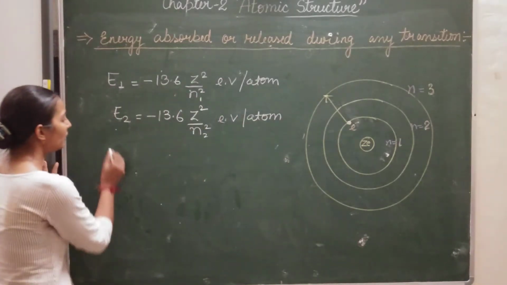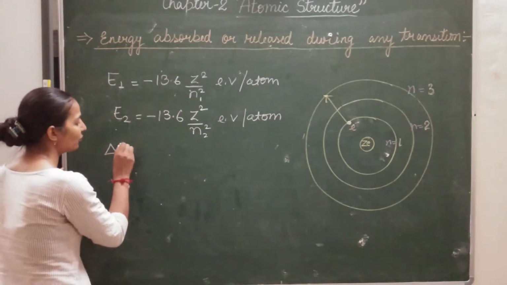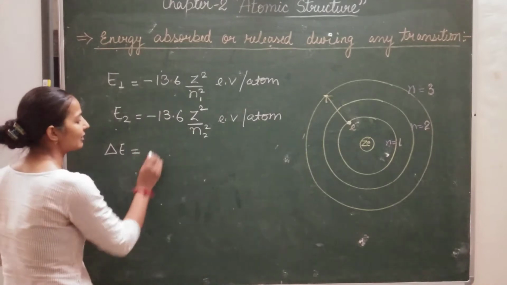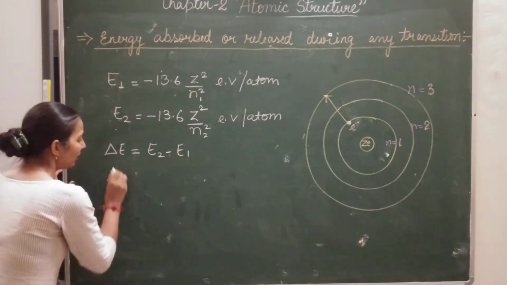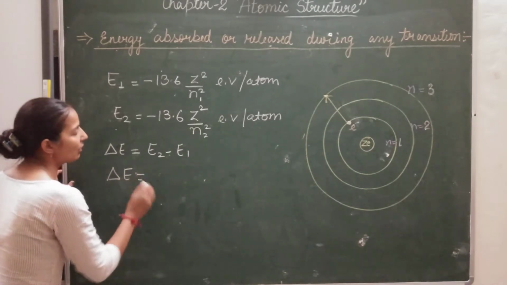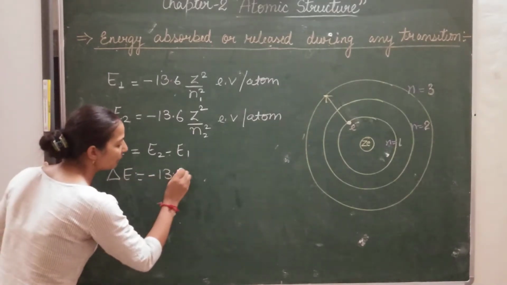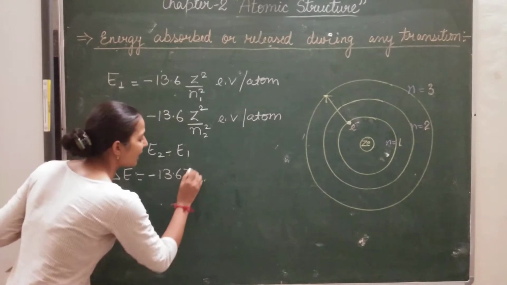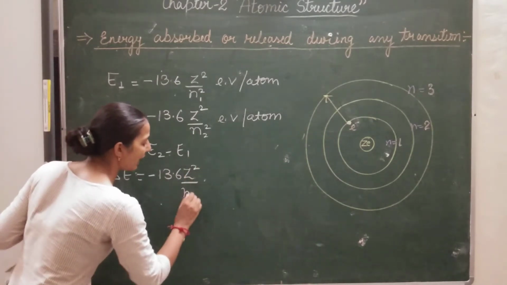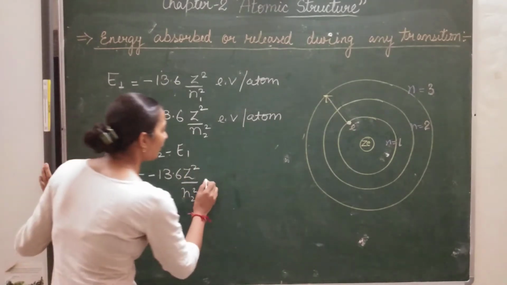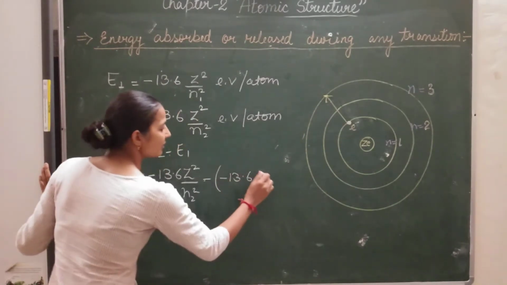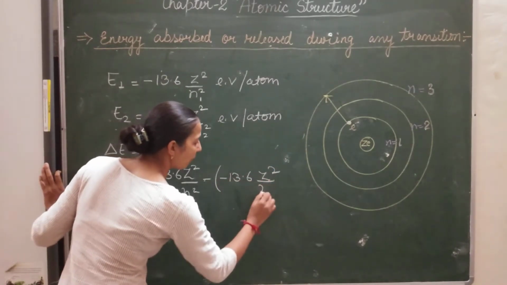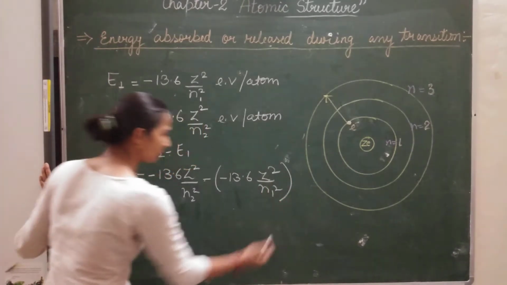What will happen if we subtract both the values, that is delta E equals E2 minus E1? Delta E will be equal to minus 13.6 Z square upon N2 square minus, minus 13.6 Z square upon N1 square.